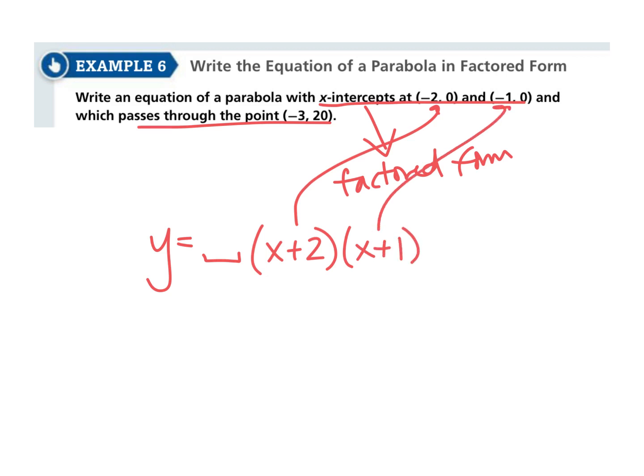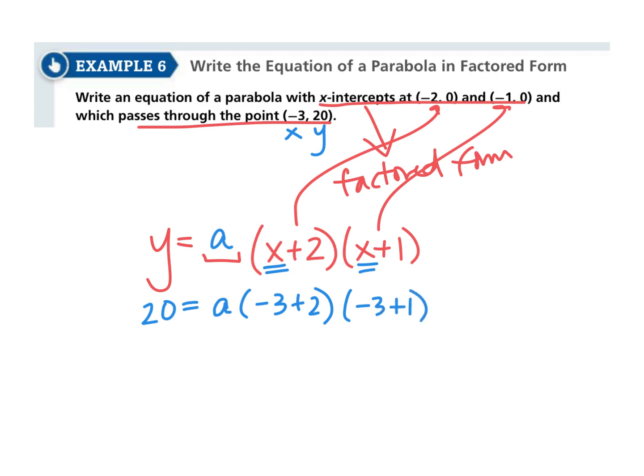All right, now, just like we did the other day, to find my a value that I'm missing, I need to use the x and the y that I was given. This time we're going to have to plug those into a few different places. So y is 20. I don't know a. x is negative 3 in both of these situations. So negative 3 plus 2, negative 3 plus 1.